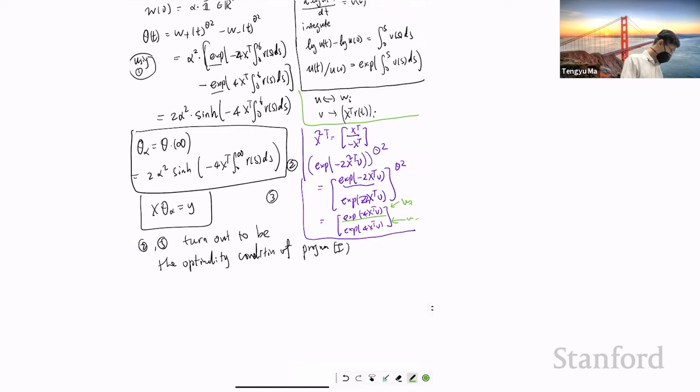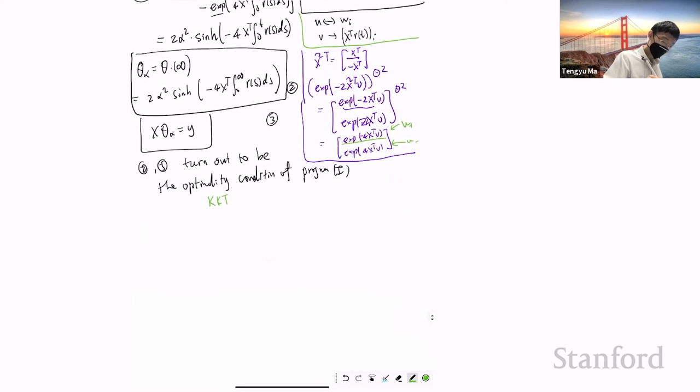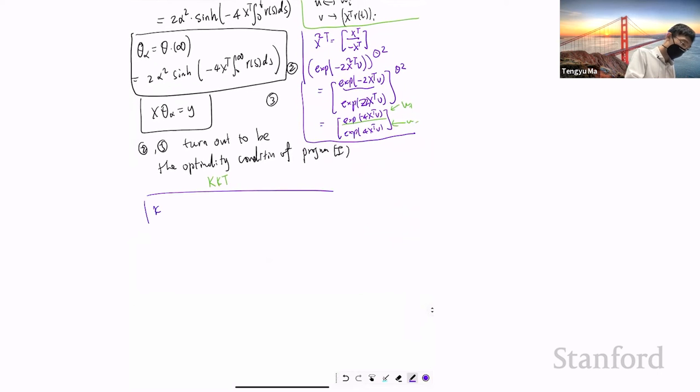Right, sounds good. So by optimality condition, I really mean the KKT condition. I'm not sure whether all of you are familiar with the KKT condition. So I guess there are two ways to think about this. This is just a small bit of background about the KKT condition.